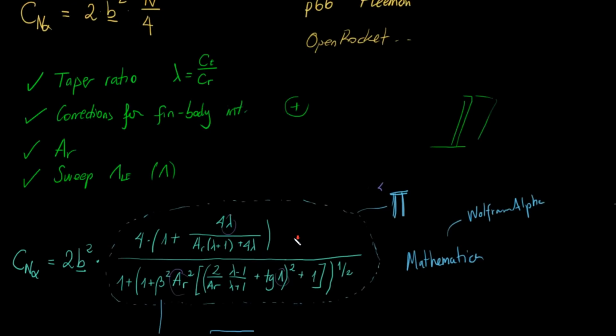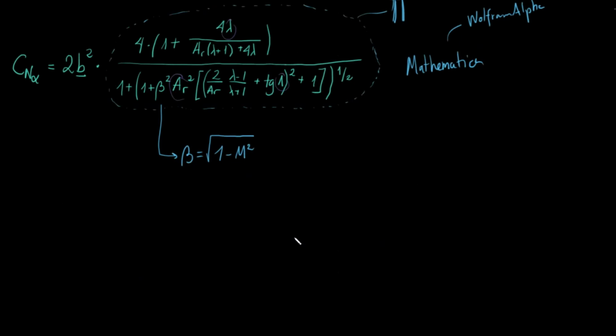So, let's try to put it into a couple of conclusions. High aspect ratio is over predicted by Fleeman's equation.